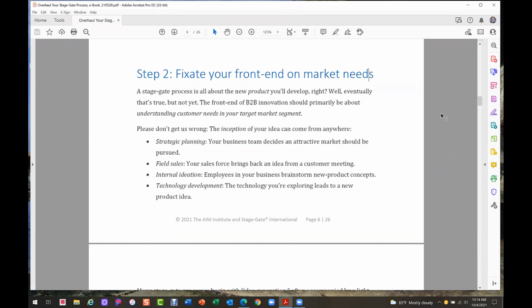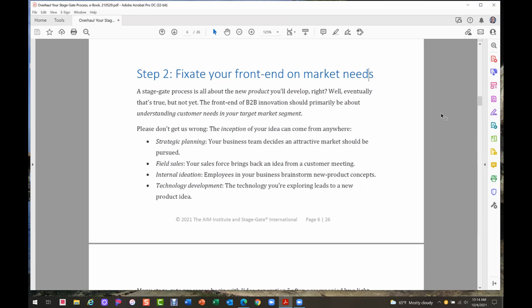Let's sit around and come up with really cool ideas, and then maybe go and validate it with the customer. And that usually caused some problems, okay? So I could easily give the impression that all of your ideas for new products need to come out of discovery interviews. And that's actually not true.